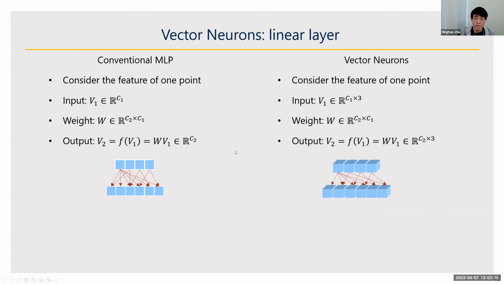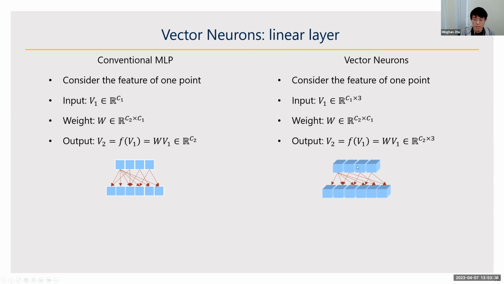For example, the linear layer for vector neuron is very similar to the conventional MLP's linear layer, which is matrix multiplication. For a PointNet, the linear layer multiplies the matrix on the left to map a feature vector to another dimension.